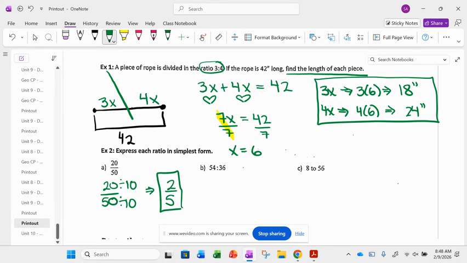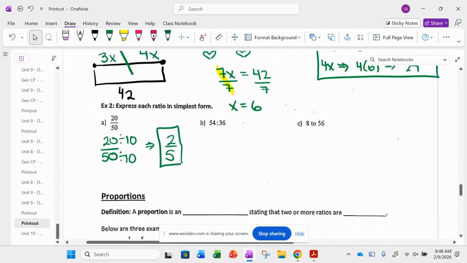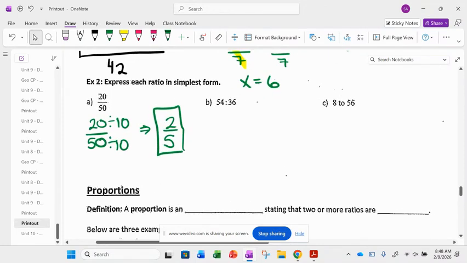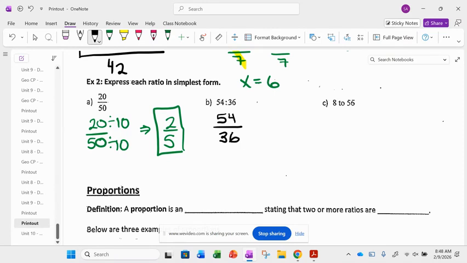And now sometimes I won't represent it as a fraction, but we'll need to know that we can change it into a fraction. So 54 over 36, or 54 to 36, I'm going to write as 54 over 36. So I'm going to write it as a fraction, and now I'm going to reduce it. I can divide top and bottom by 6 to start.